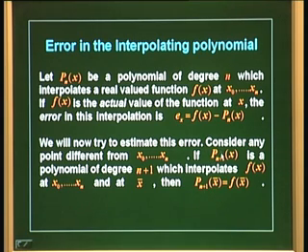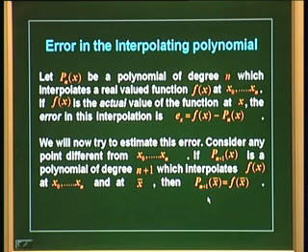Remember, the way we construct a polynomial of degree n which goes through n plus 1 points is by making sure that this polynomial takes the function values at all the tabulated points. Now we added one more point to that tabulated set of points, which is x bar, and we construct the polynomial Pn plus 1 that goes through f of x bar.